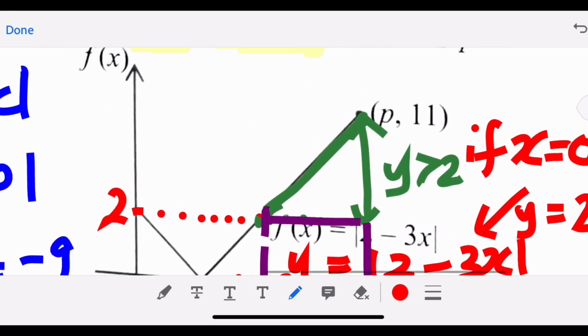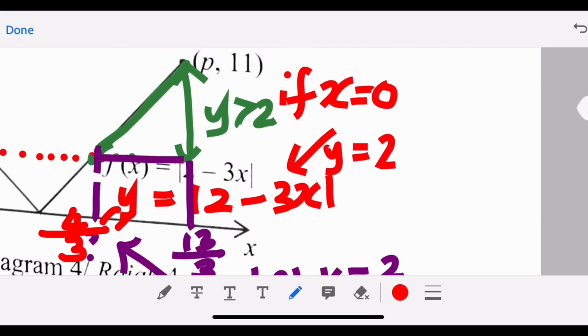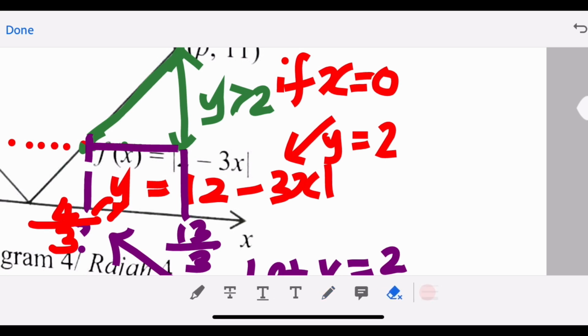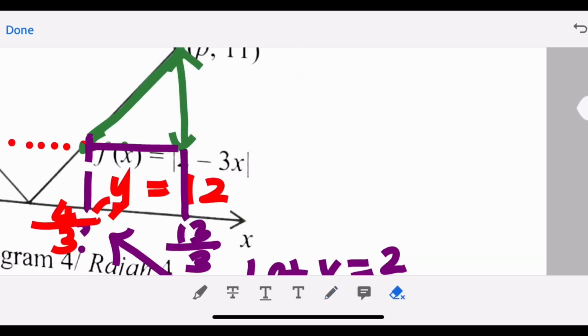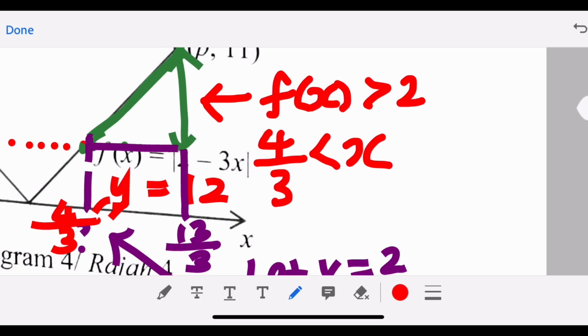We must leave the sign without equal for the 4 over 3, because for the corresponding y greater than 2, the question says greater than 2, it's not greater or equal to.